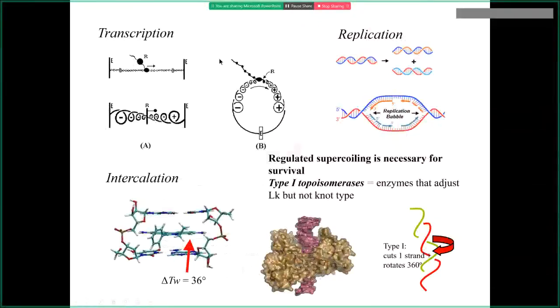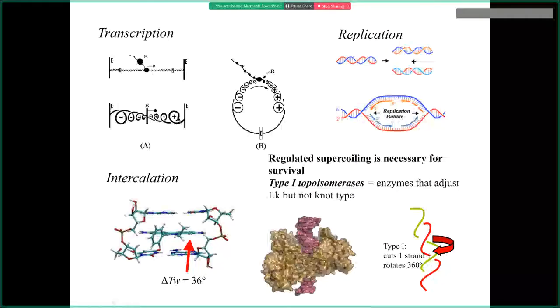Now, there are some biological events where the supercoiling happens regularly, and for example, that's transcription, in which one enzyme, the RNA polymerase, travels on the DNA, and it has to untwist the DNA, and as it travels, it creates positive supercoiling.